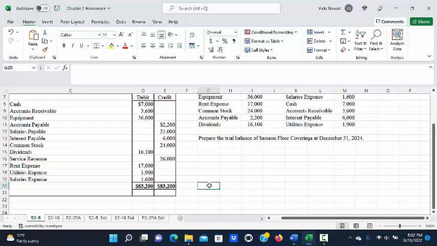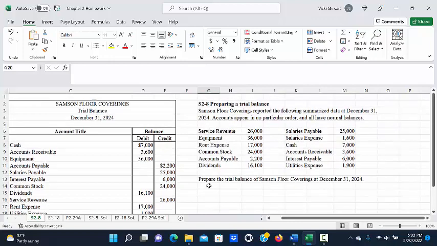Now, in a real accounting system, there could be all kinds of errors, like we may have posted something wrong or had a transposition of numbers. But for your homework problem, this is just a test. Do you know the normal balance and which column to put it in? So that is the conclusion of the demonstration for S2A.